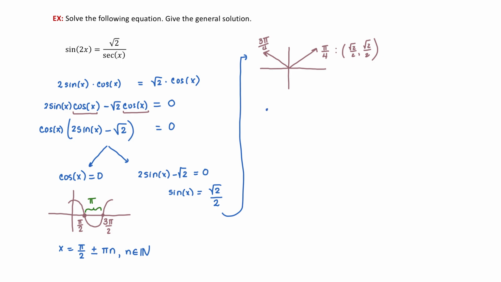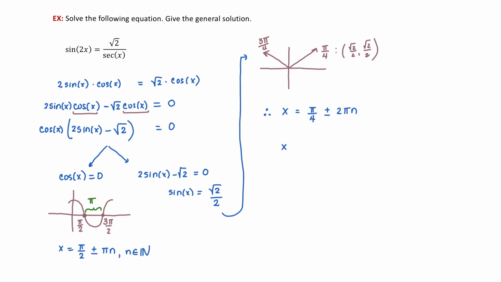And as a result, the general solutions will be x equals pi over 4 plus or minus 2 pi n. So this general solution will give you all the solutions that are coterminal with pi over 4.